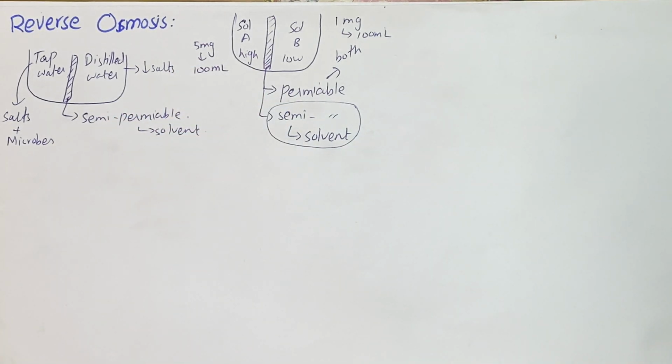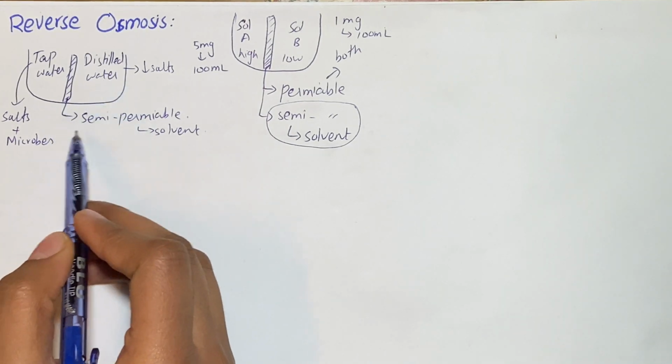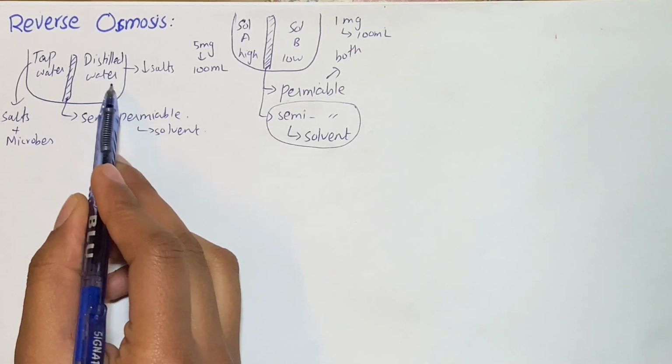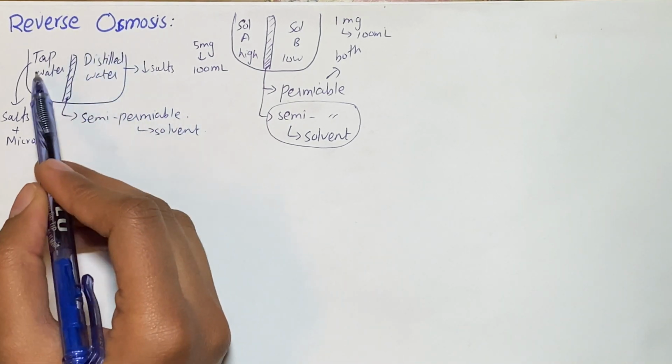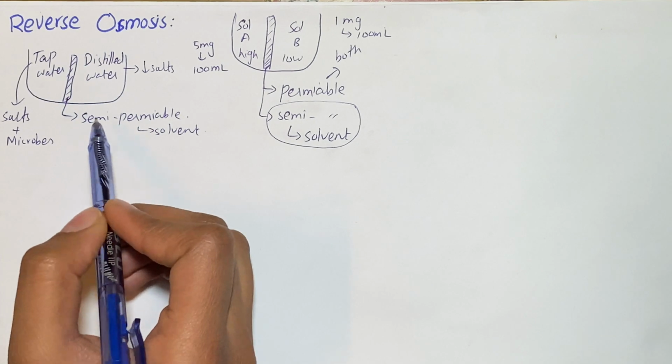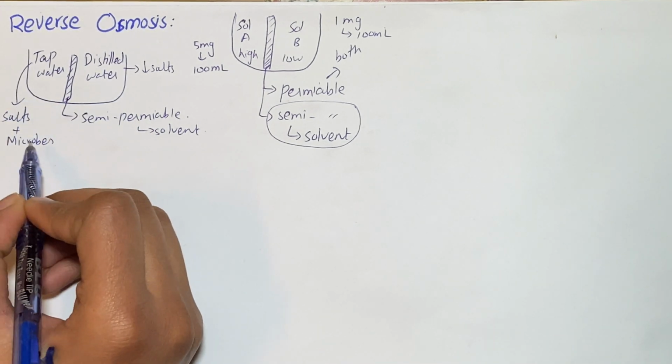So as we have discussed previously, in the normal osmosis process, a solution having low solute concentration will tend to move towards the solution having high solute concentration. So over here the solvent from distilled water will move towards the tap water section. In this way it will tend to balance the concentration gradient.